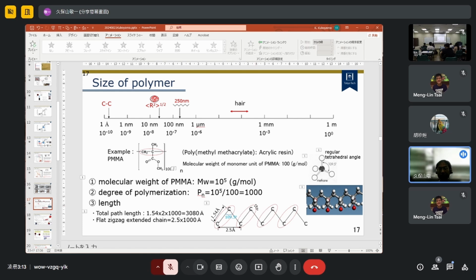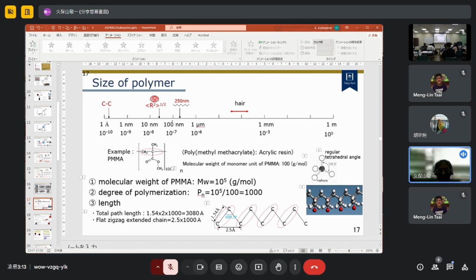So if you extend the molecular chain, the size becomes around 250 nanometers. The thickness of your hair is on the order of 100 micrometers, so the order is completely different. The size of the polymer is on the order of 100 nanometers.